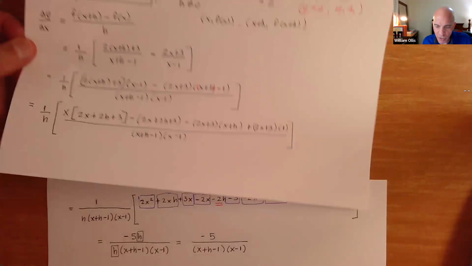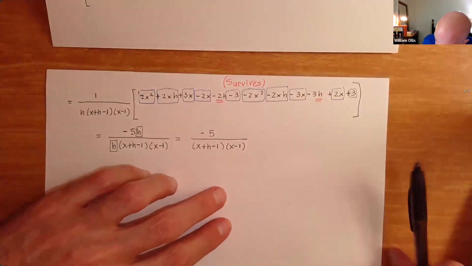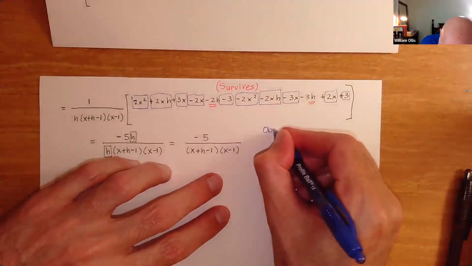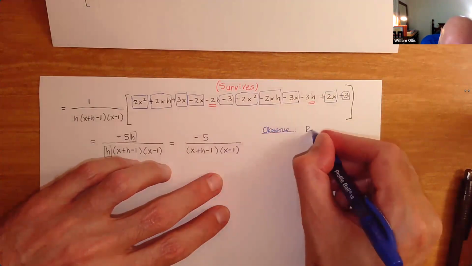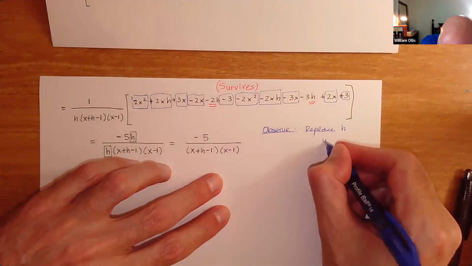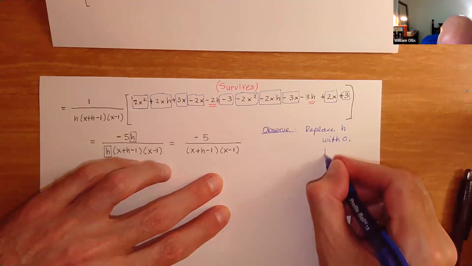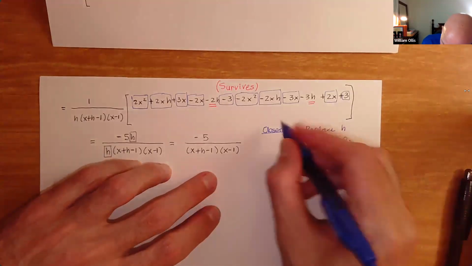So now what you can do is just make the following observation. And I'll do this in blue. Observe. That is, replace, and this is easy to do, replace h with 0. That is what we're allowed to do. We're saying h is approaching 0, getting as close as you like.